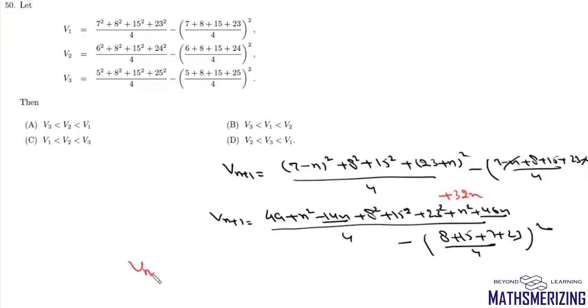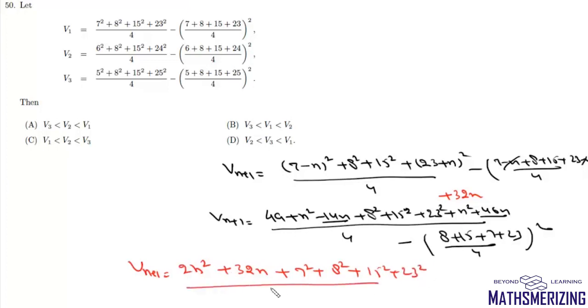So we can write vn plus 1 as n square plus 32n plus 7 square plus 8 square plus 15 square plus 23 square plus n square, so it will be 2n square upon 4, minus 8 plus 15 plus 7 plus 23 upon 4 whole square. Now this is an increasing function in n. As the value of n increases, the value of vn plus 1 increases. So it simply means that v1 is less than v2 is less than v3 and that's your option number C.